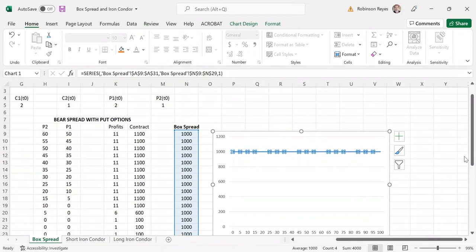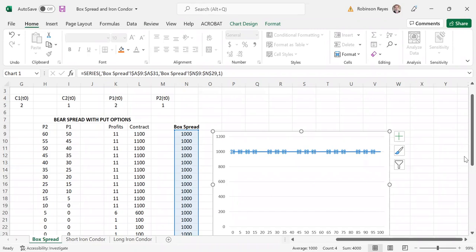You can have a box spread that may not give you profit, right? But you will end up with this payoff that is constant, and so you can predict with perfect accuracy what the payoff will be. If the stock plummets, you get that payoff, and if the stock goes up, you still get that payoff.